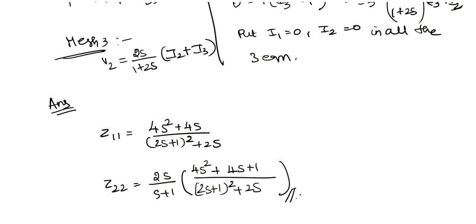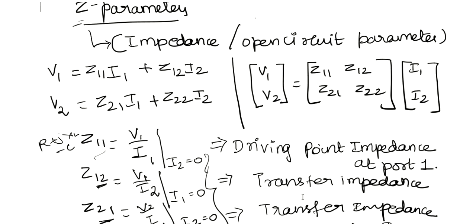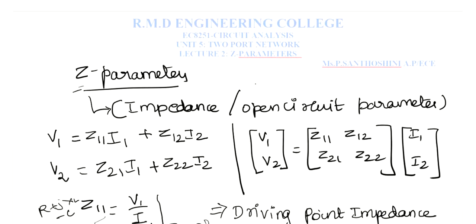So today up to this is over. It is sufficient. It is called Z parameters. Next class we can see about the Y parameters. Before that, we can revise the sum because so many things we studied now. First we started with the Z parameters.